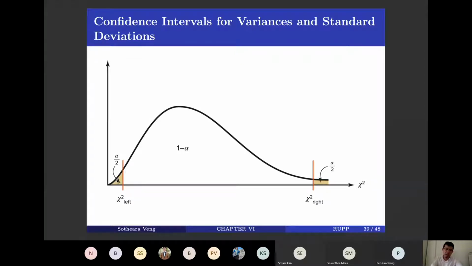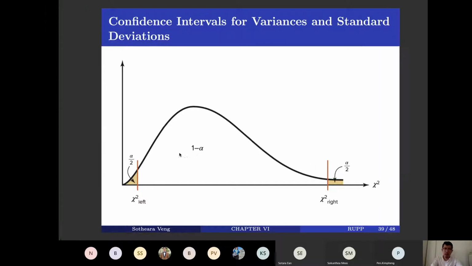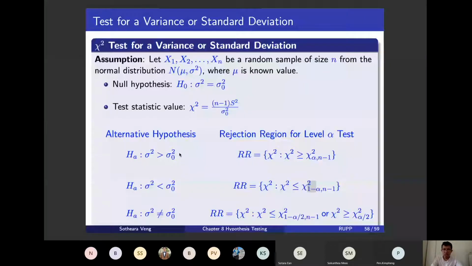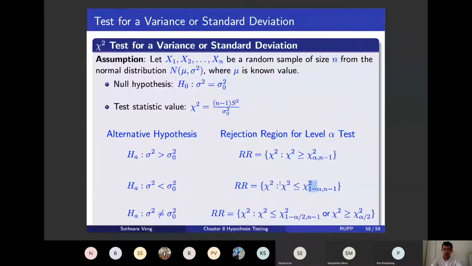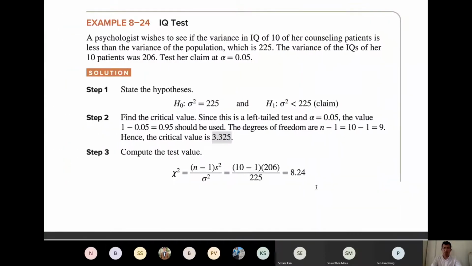This area to be alpha, and then the area to the right is 1 minus alpha. That's why in this case we need 1 minus alpha, 0.95, and then this is actually chi-square 0.95, because 1 minus alpha is 0.95 and the degree of freedom in this case is 9, right? Okay.